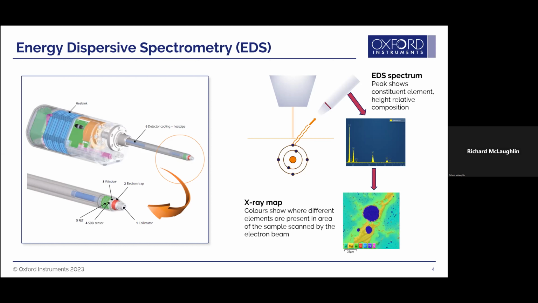That's measured as a charge, converted into a voltage, and sent off to a digital pulse processor. A standard EDS system has one digital pulse processor for one detector. So that's a typical EDS setup.